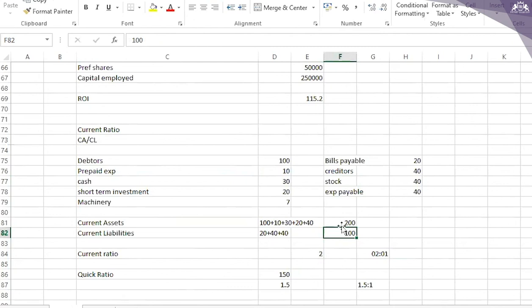Here I have 200 rupees to pay off my liability of rupees 100. Generally, it should be twice the amount. Clear? This is how you will analyze any balance sheet, any profit and loss account for the purpose that you are trying to analyze it for. Any questions? Tomorrow we will do the comparison of income statement.